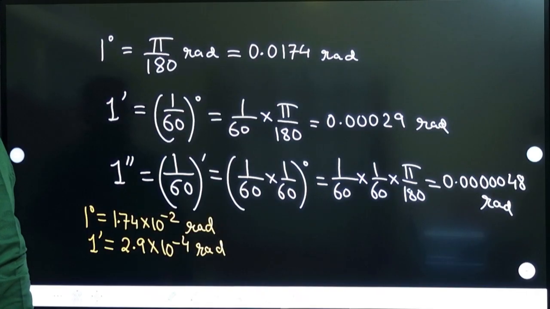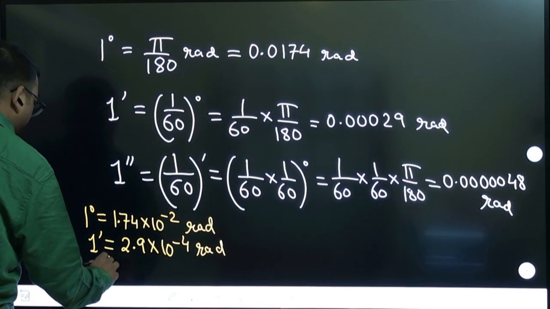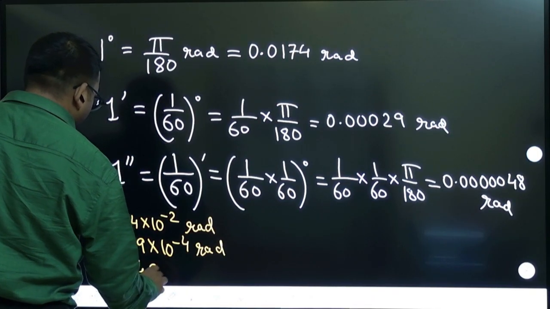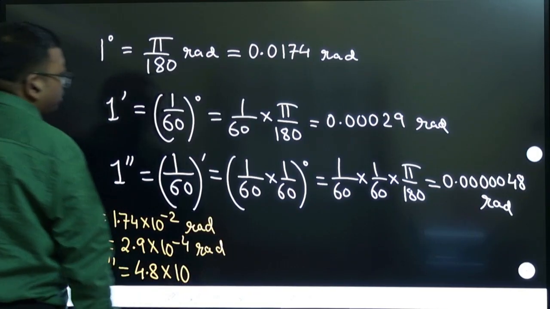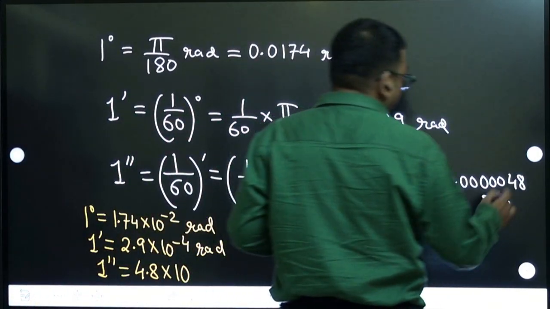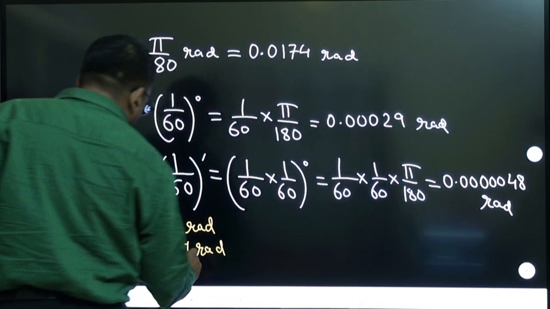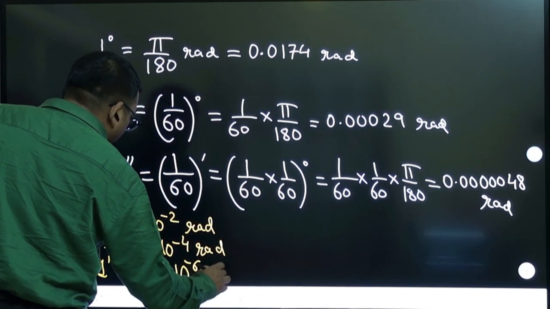Correct. And 1 second will be equal to 4.8 into 10 to the power minus 6 radian.